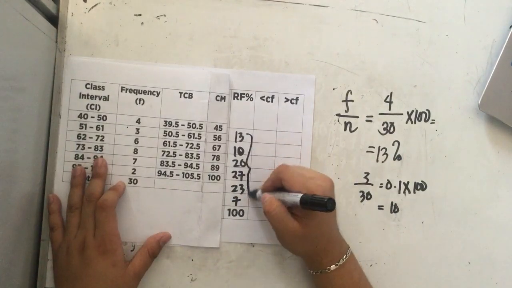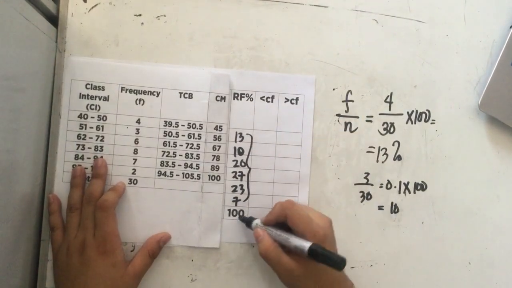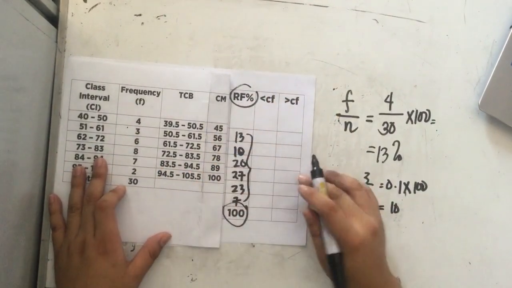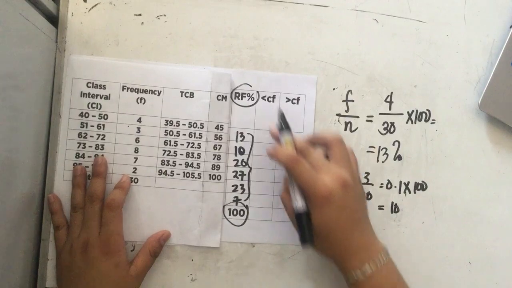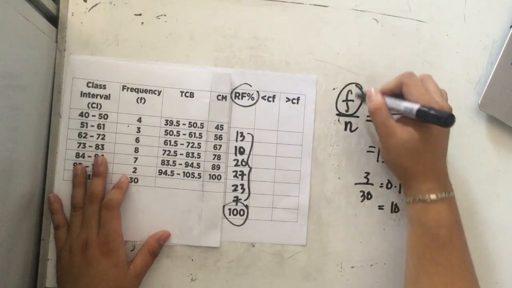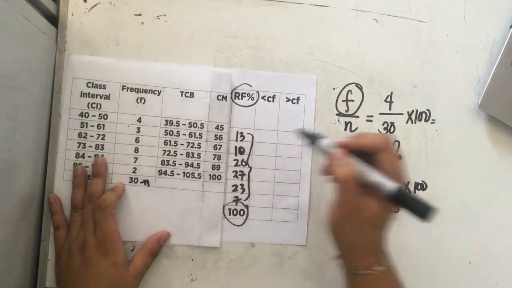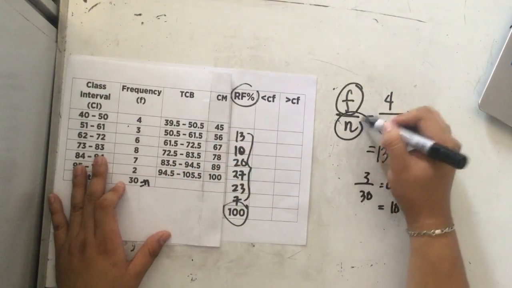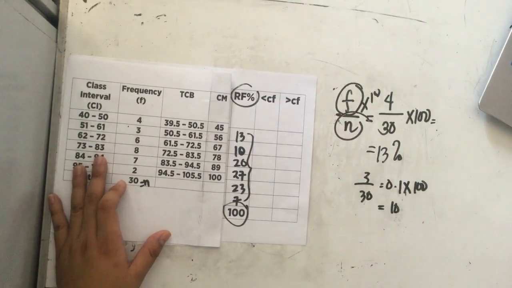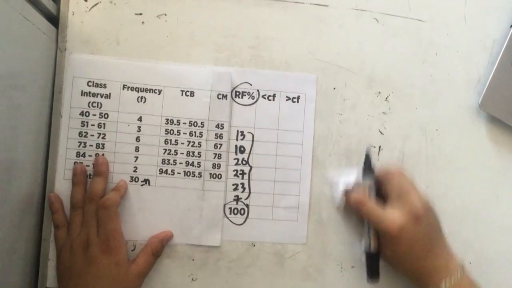So total, kailangan yung total ng ating relative frequency is always 100 kasi percentage yun. Yun yung whole natin, which is 100. So we just divide the frequency over our n, and we multiply it to 100 para maging percentage. So that is our relative frequency.